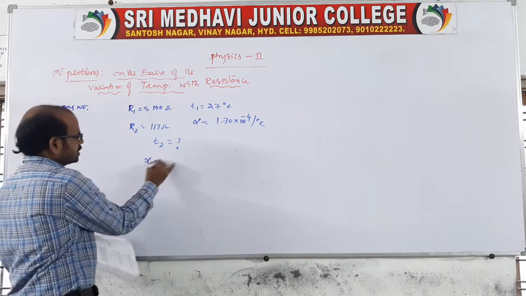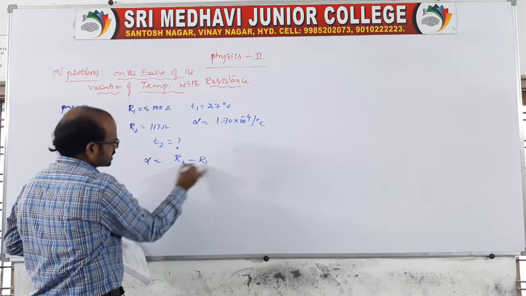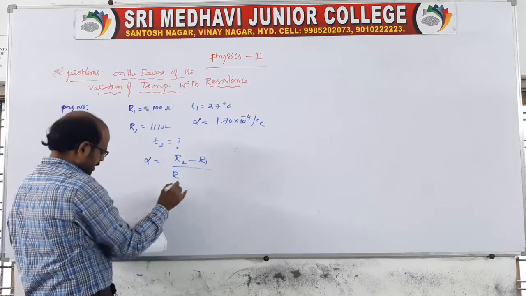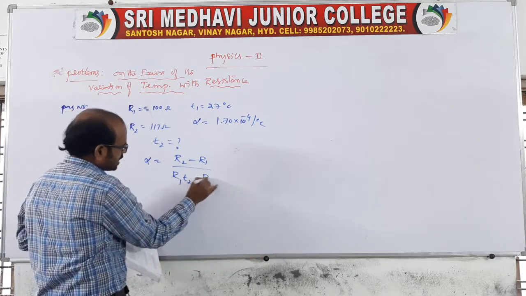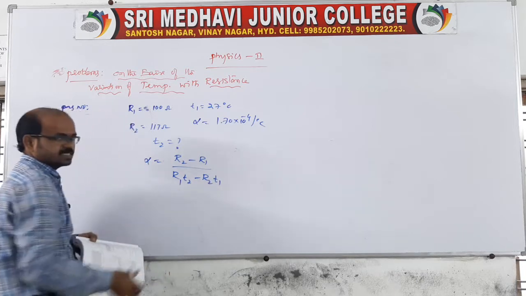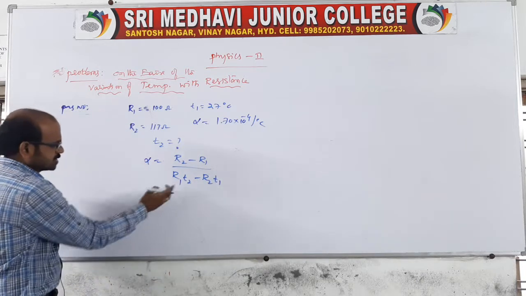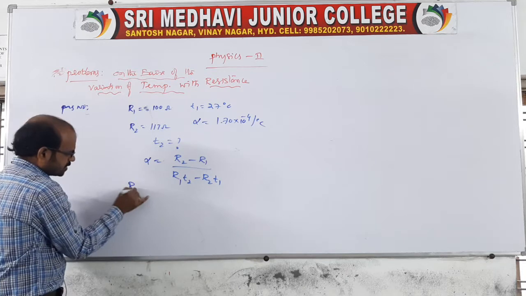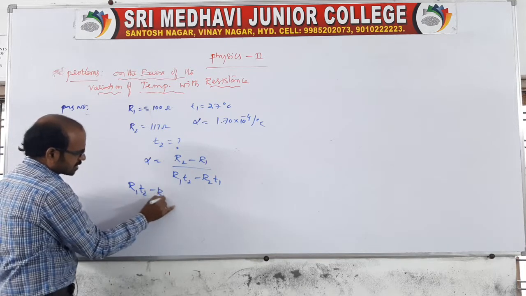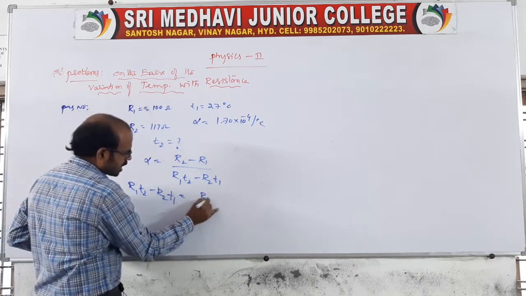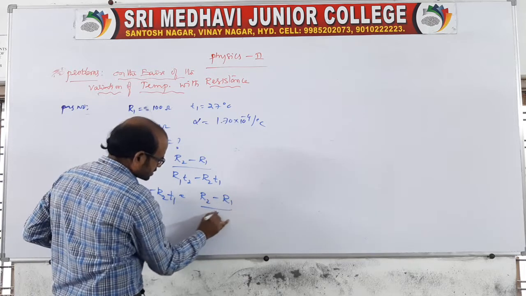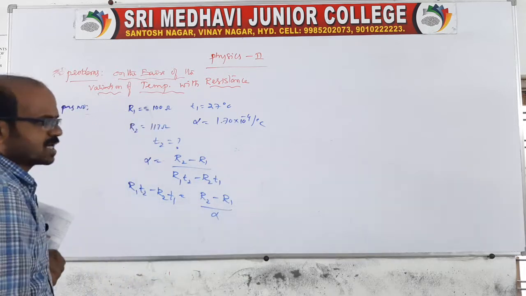There is a formula: alpha is equal to R2 minus R1 by R1 T2 minus R2 T1. Better you bring this to this side: R1 T2 minus R2 T1 is equal to R2 minus R1 by alpha. We should do the problems in a smart way.